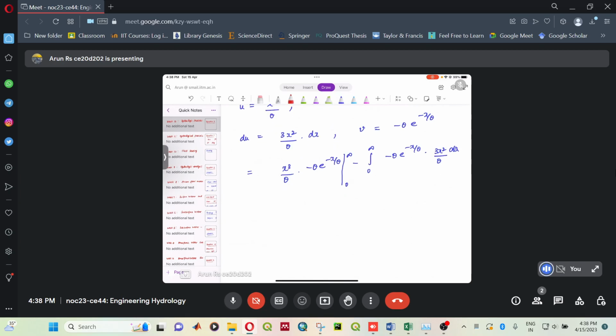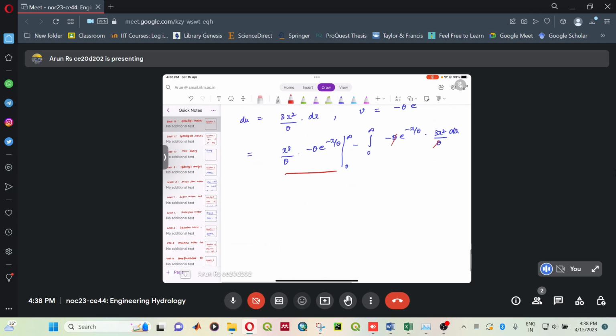So the entire first term will become 0 and theta theta we can cancel. So the rest of the term will be 0 plus integral of 3x square e power minus x by theta dx, evaluated over the limit 0 to infinity.